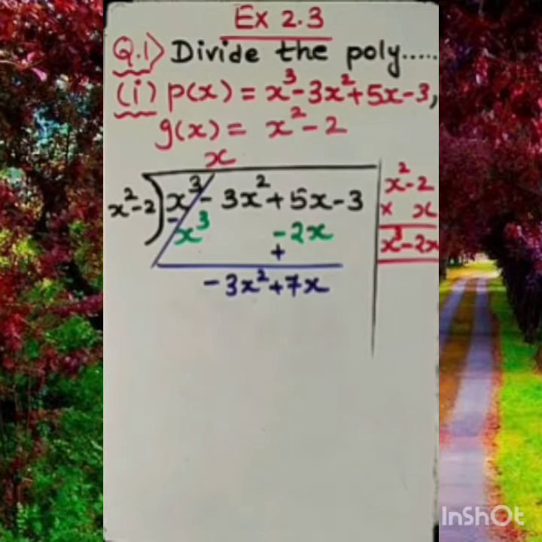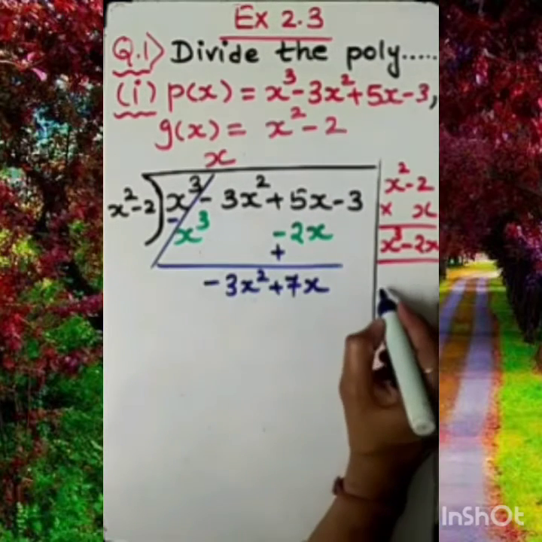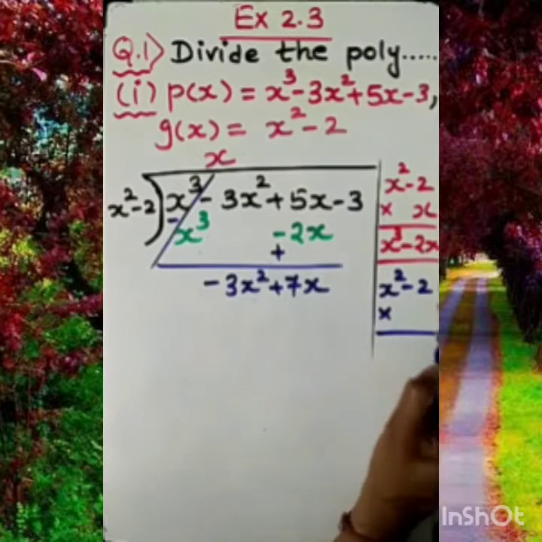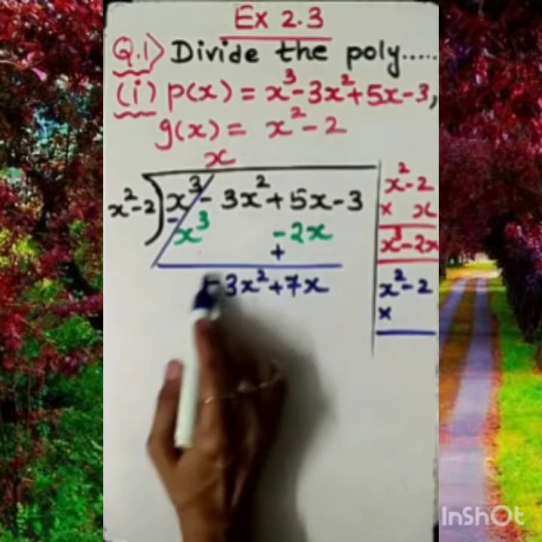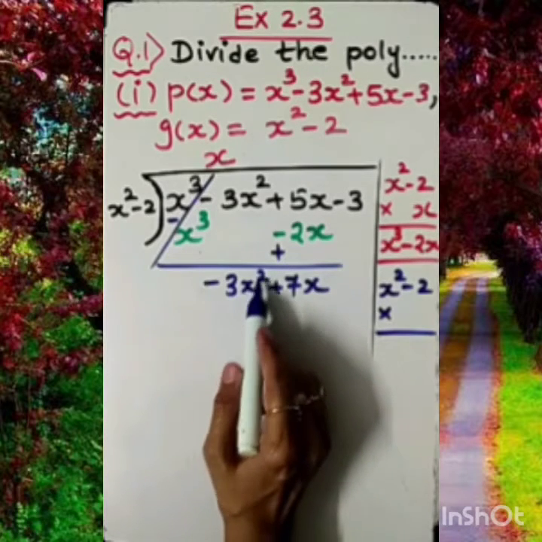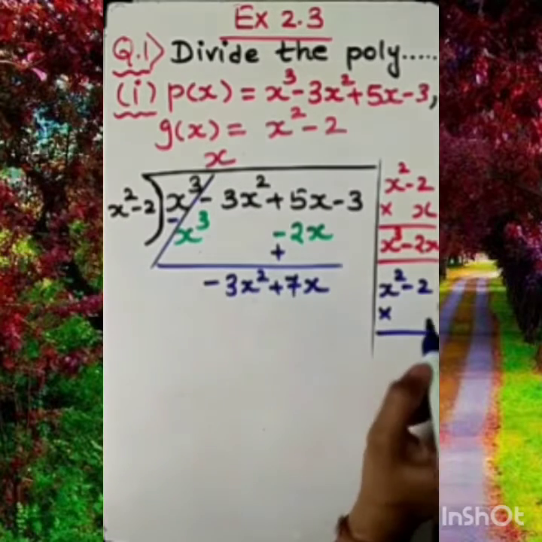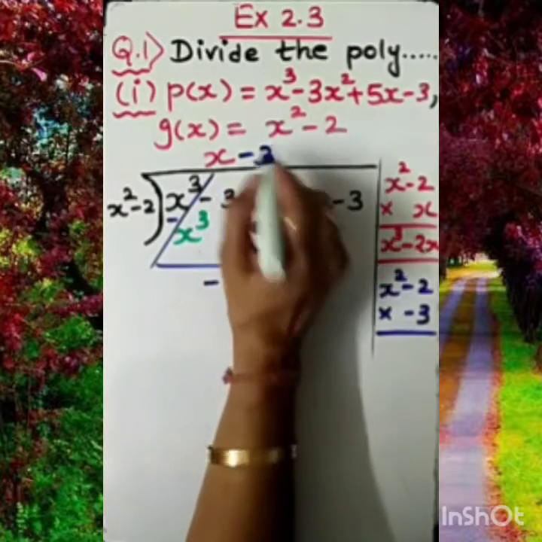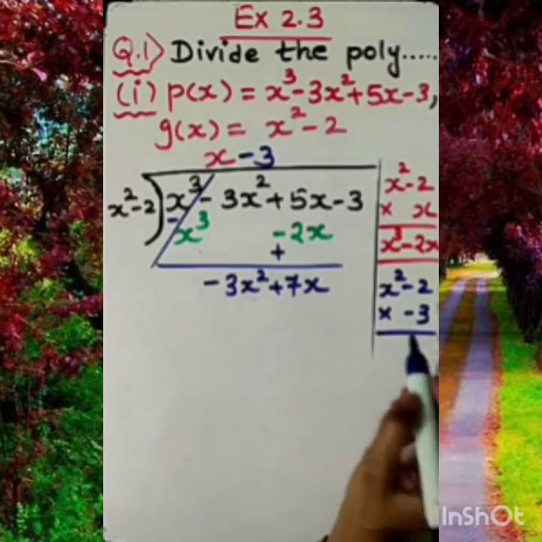Now again in the second step, what are we going to do? Let me go with this again: x square minus 2. I want to bring the term similar. x square is already here, so with minus 3 only. So I am multiplying the term with minus 3. So what do I have?